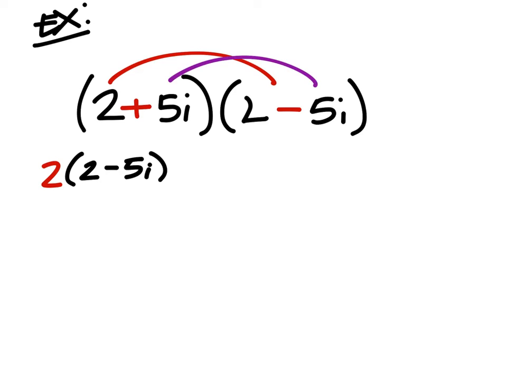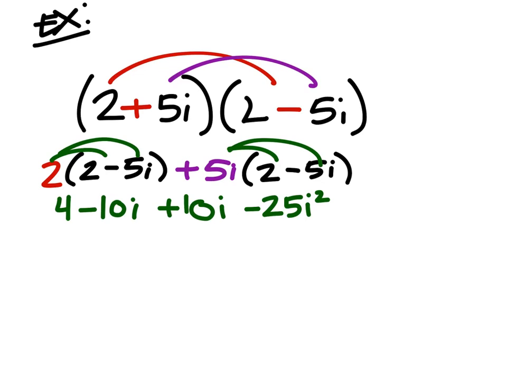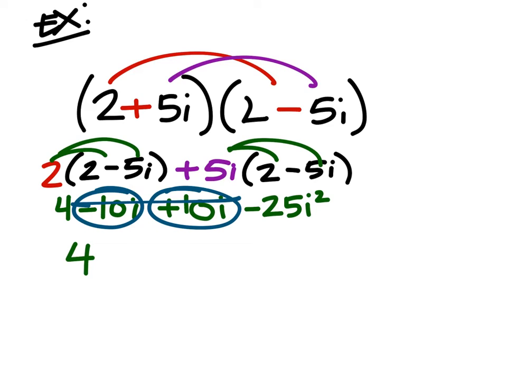And then I'd multiply the 5i into the parentheses as well, and that's a positive 5i times the 2 minus 5i. And now we'll distribute these individually. Now, just having gone this far, some of you know exactly what's going to happen, which is pretty cool. The negative 10i and positive 10i cancel out, which is what conjugates are supposed to do, right? So I ended up with 4 minus 25i squared.